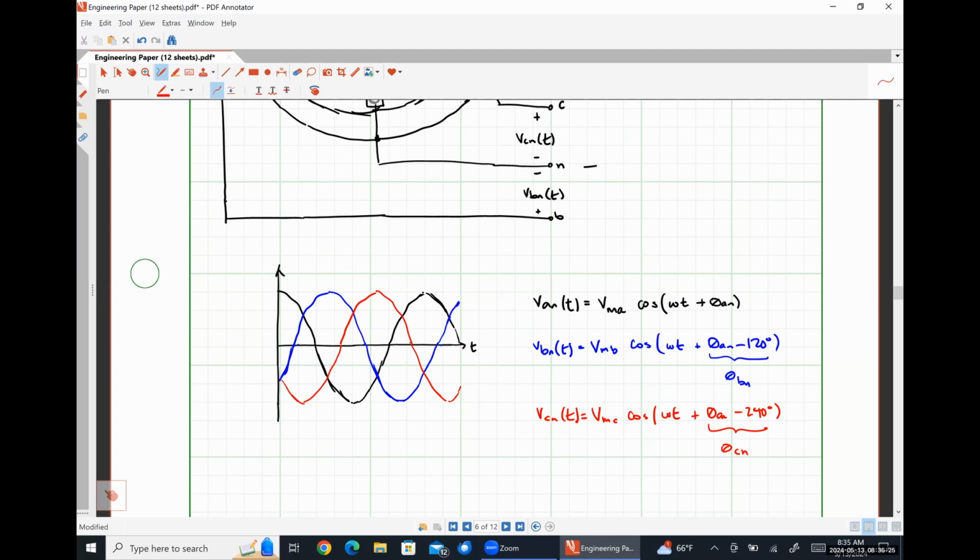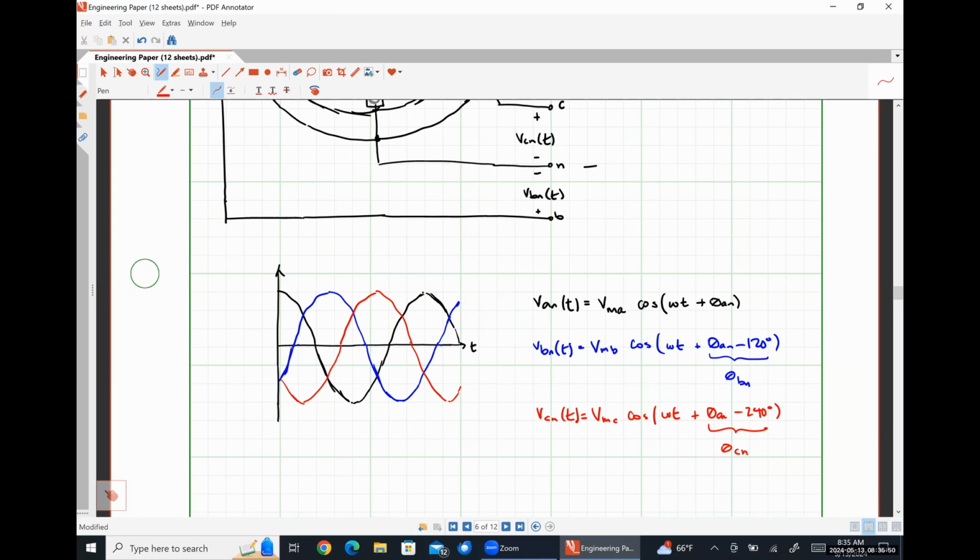this machine is constructed. Now, if the coils in the A, B, and C phases had the exact same number of turns, then the magnitude of our induced voltages would be identical. So VMA would be equal to VMB, would be equal to VMC.